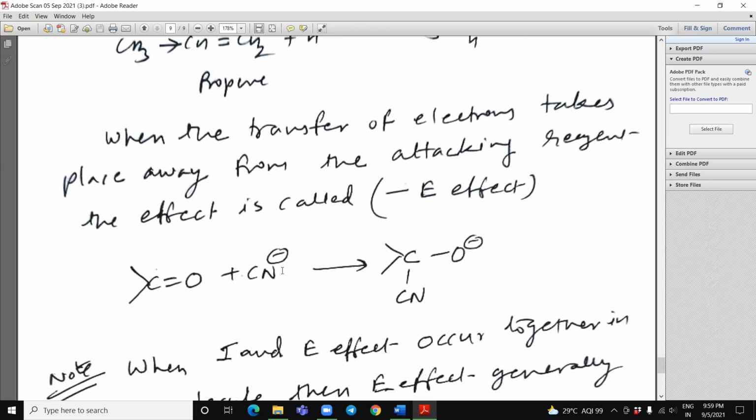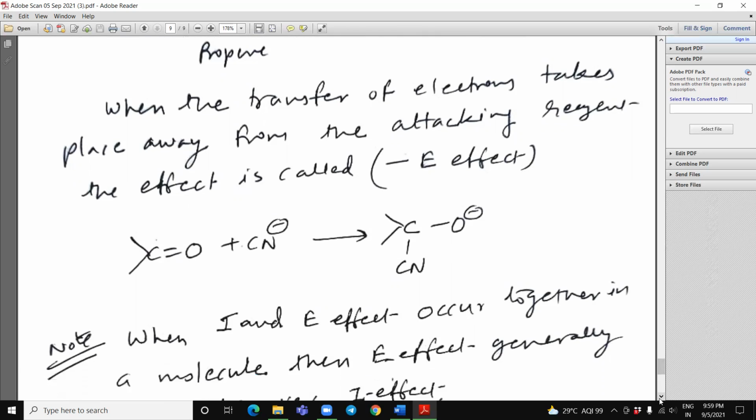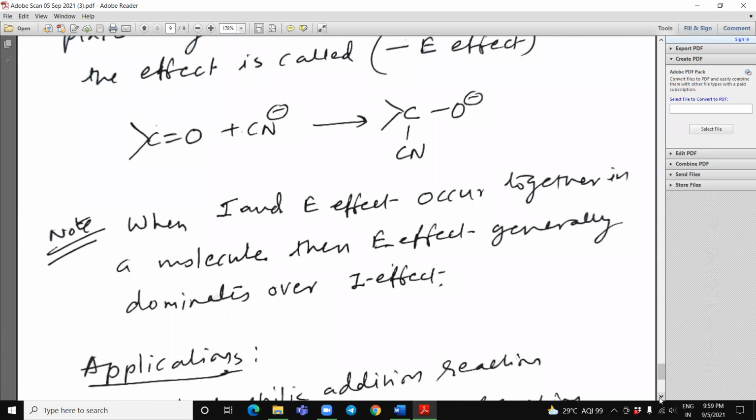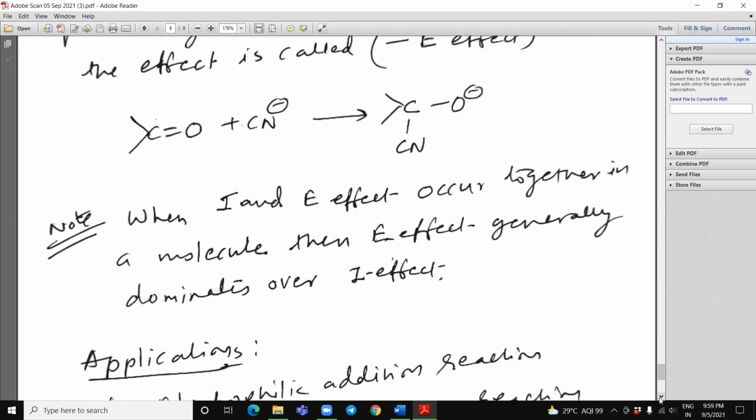See here, this sign. When it is added, then it will form. And when I and E effects occur together in a molecule, then the E effect generally dominates over the I effect.